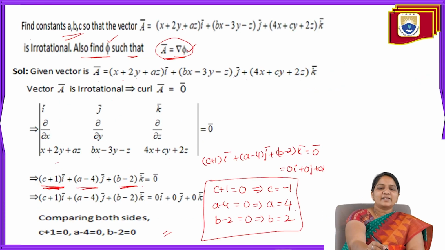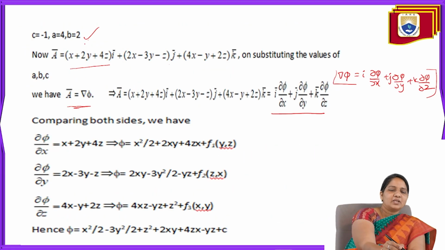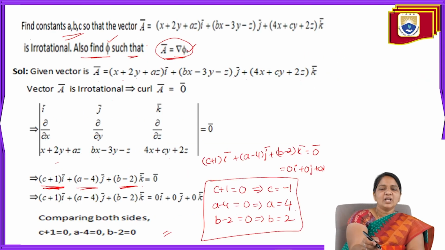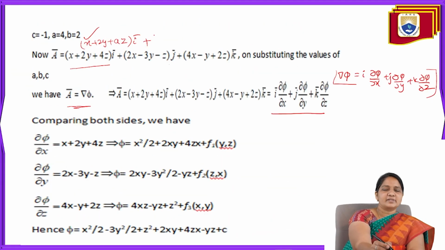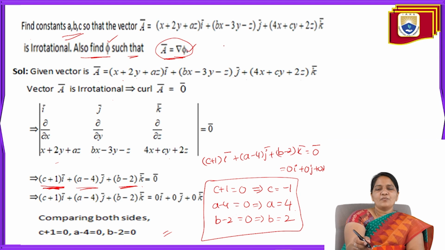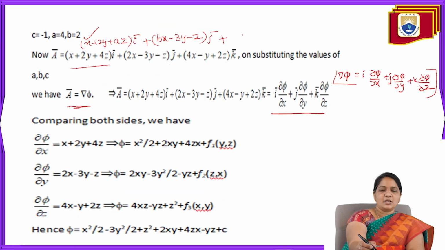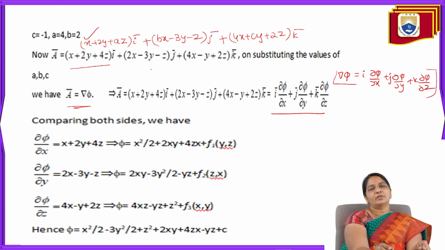Before we got x plus 2y plus az into i bar plus bx minus 3y minus z into j bar plus 4x plus cy plus 2z into k bar. So already we calculated ABC values, now we are substituting in the a bar, that is in the vector.